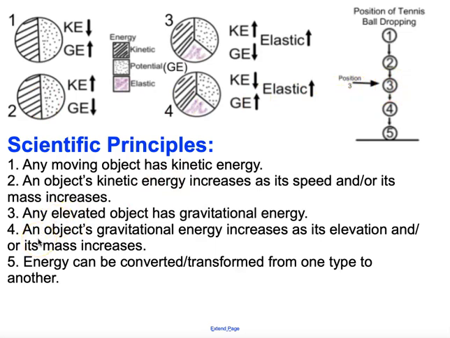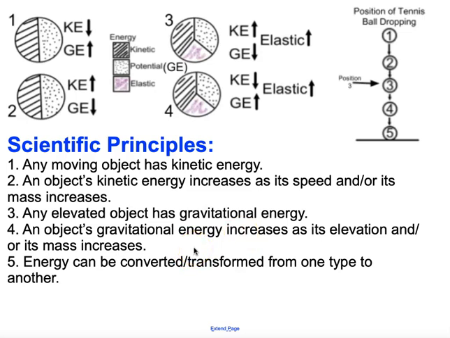Now, you need to include at least one more scientific principle. How about this one? Scientific principle number 4 states that an object's gravitational energy increases as its elevation and/or its mass increases. Now, here it says increases, but you might be thinking, well, it's decreasing. The opposite is also true. So you might want to state that.